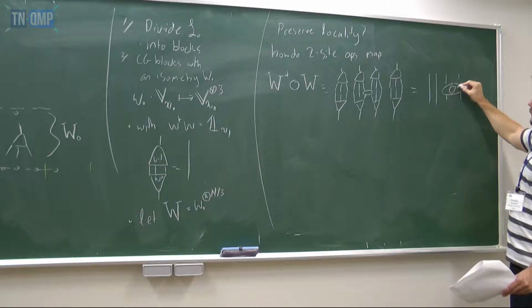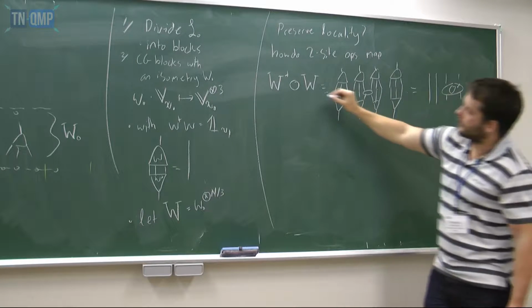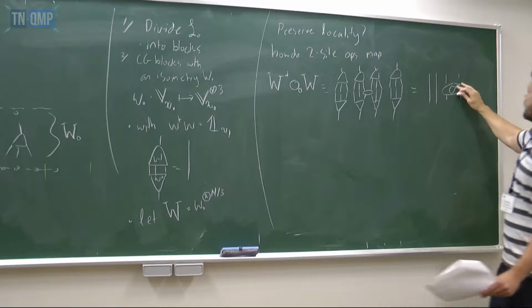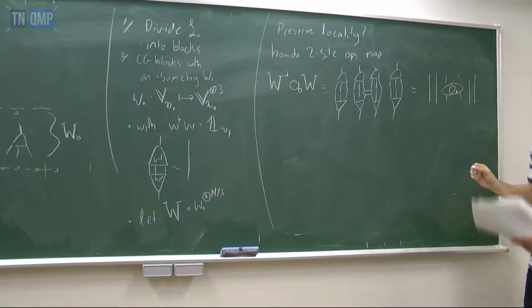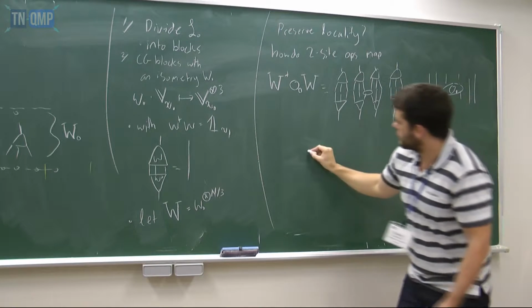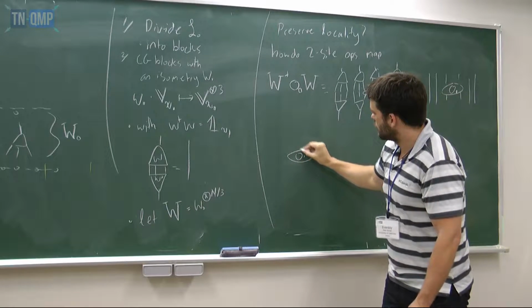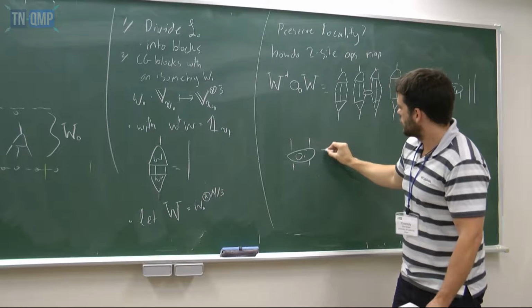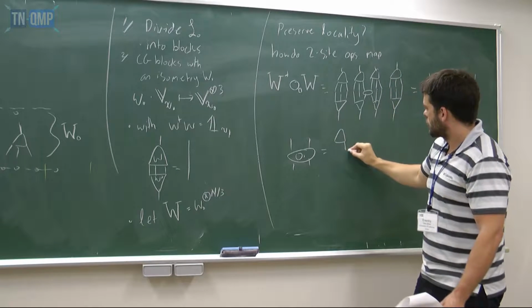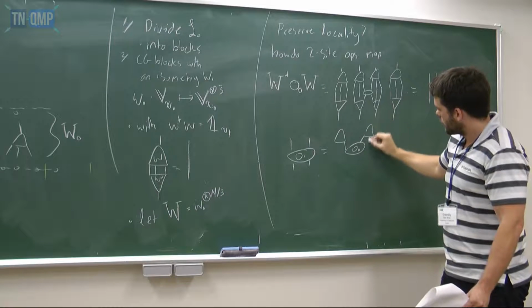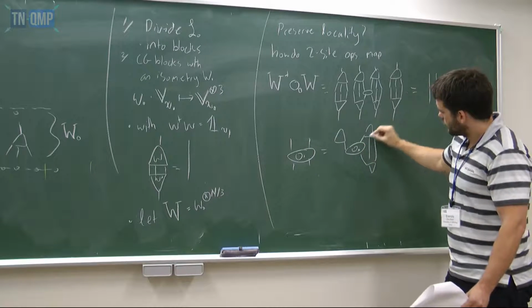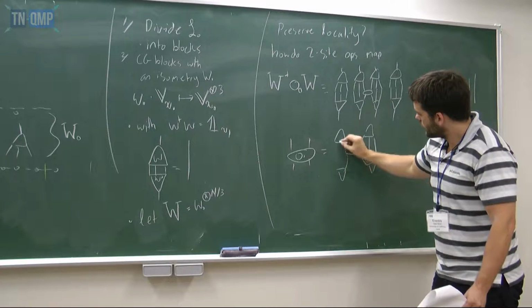Actually, let's call this O naught, and we'll call this O1 with identity. So here O1 equals O naught acting with these isometries in this way.